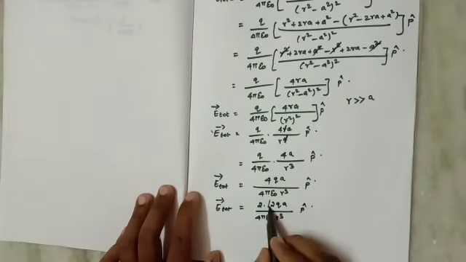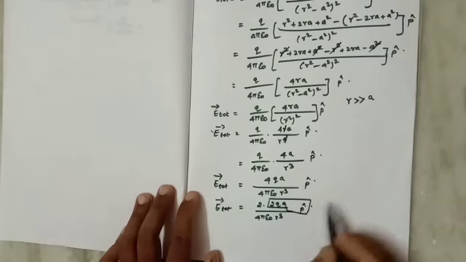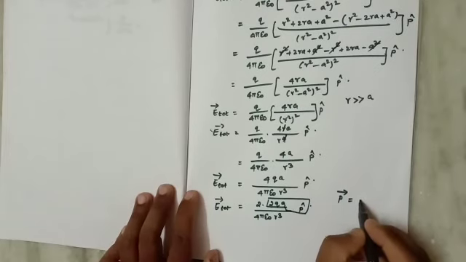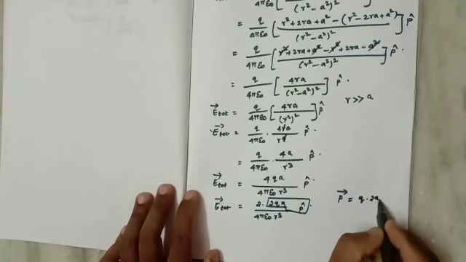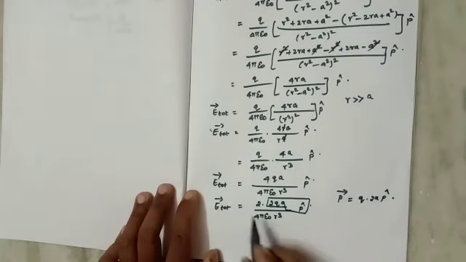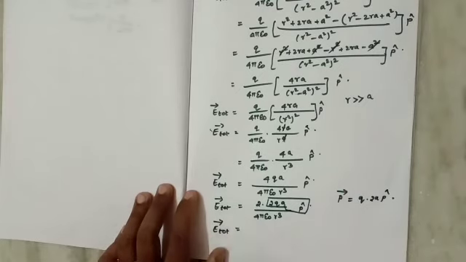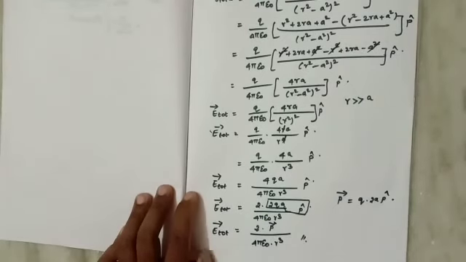We know that 2QA and P cap together give the electric dipole moment P vector. P vector is equal to Q into 2A, P cap. So it can be written as E total vector, the total electric field along the axial line, is equal to 2 P vector divided by 4 pi epsilon naught R cube. Okay students, it is important, a 5 mark question.